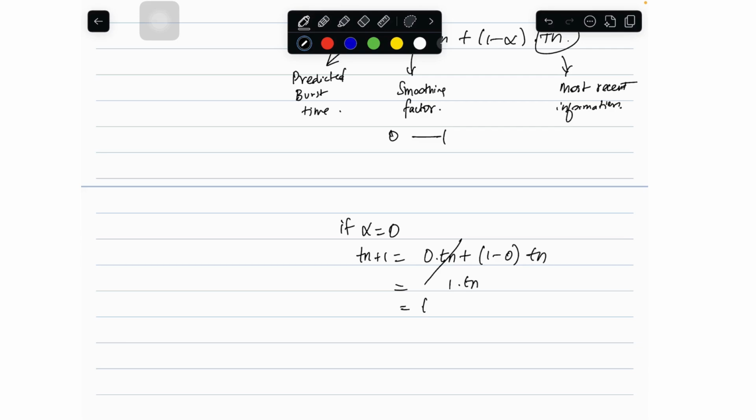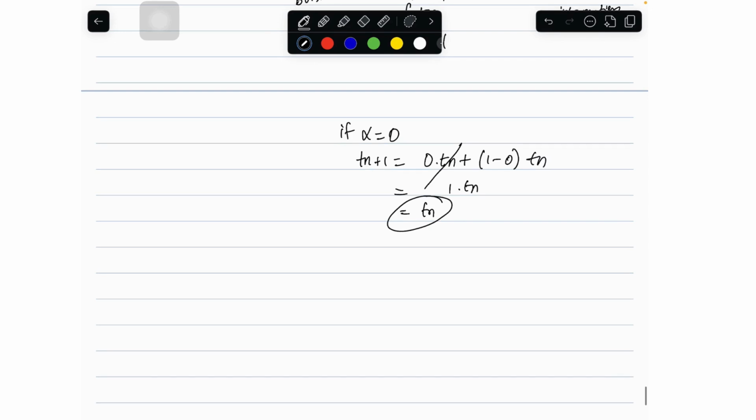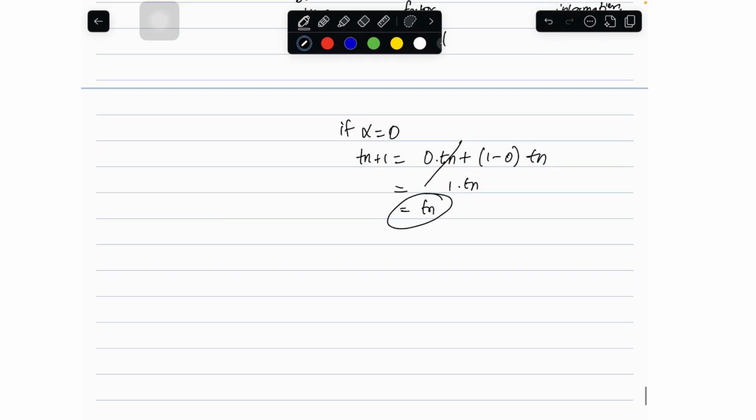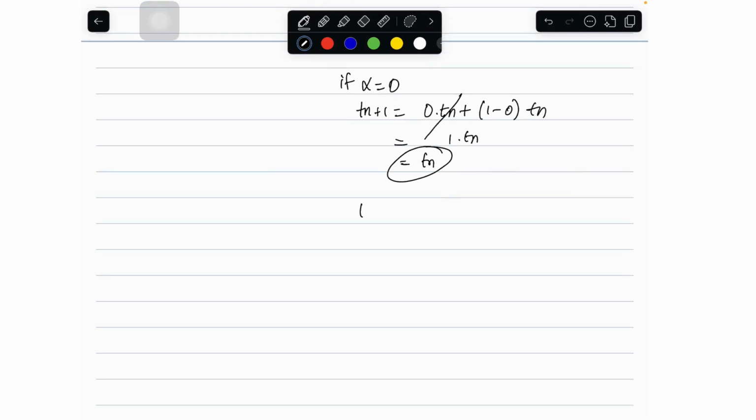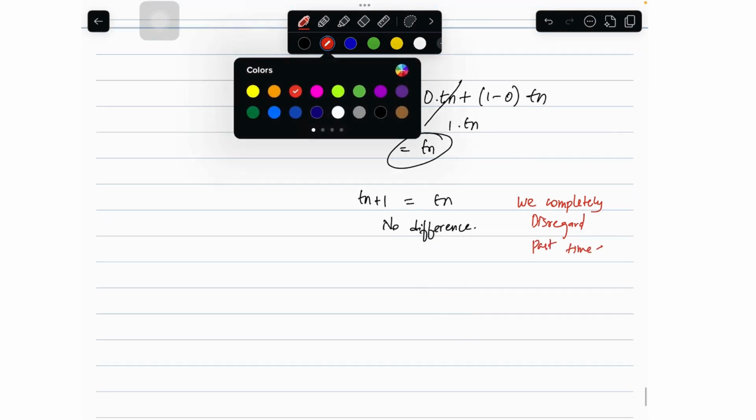So we are predicting the very recent CPU burst as the next one, so there's no difference at all. If the value is 0, it means we completely disregard past time, which is not helpful.